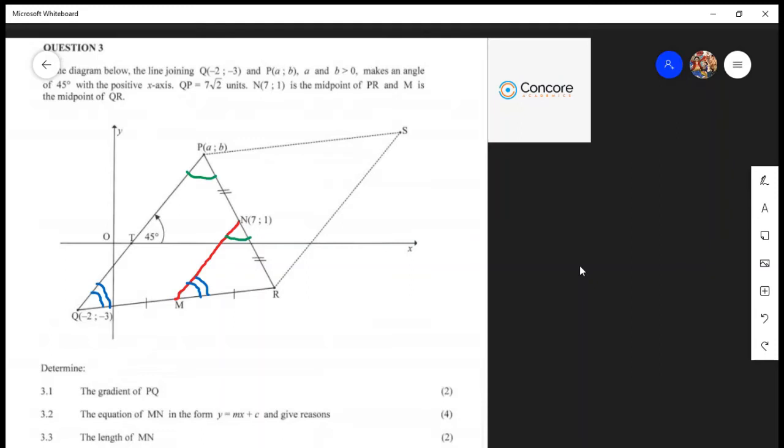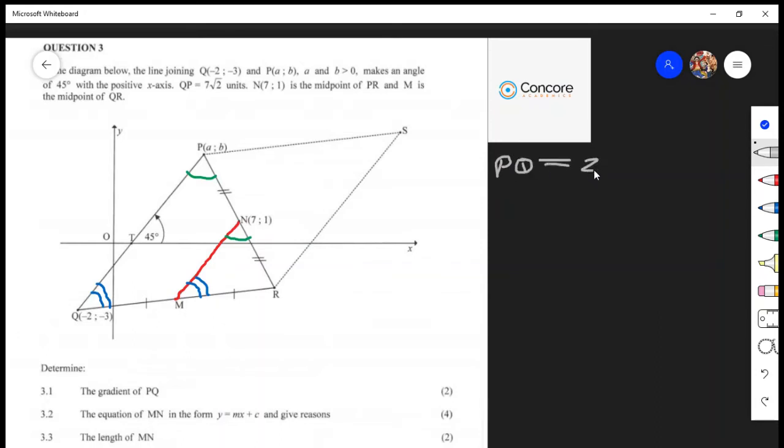So to write this, you'd say PQ is equal to twice MN, or alternatively you can write MN is equal to half PQ. Is everyone able to see, and am I audible enough for everyone?